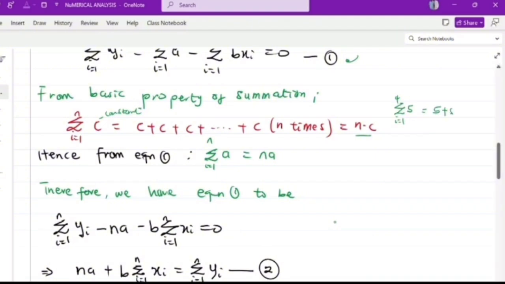So 5 plus 5 plus 5 plus 5, which is the same as 4 times 5, 20.